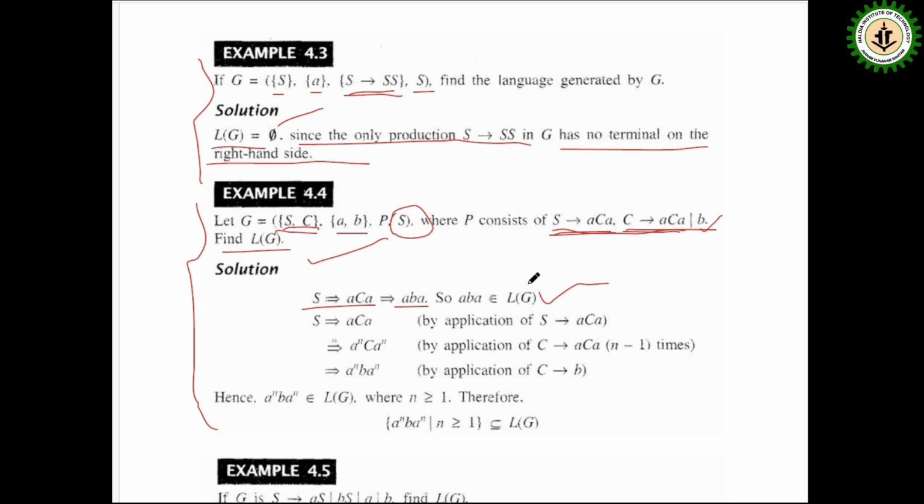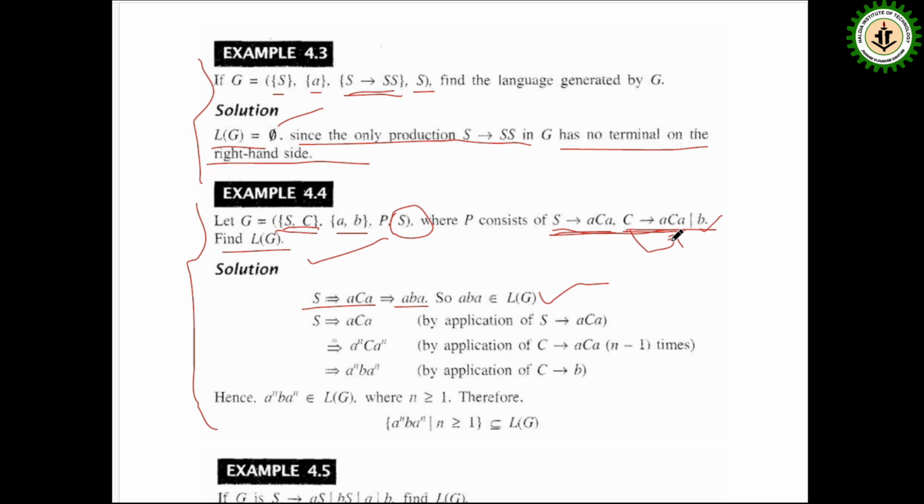So ABA is obviously a string generated by the grammar. And if we do not use the second production, we can use the production C to ACA, and this production will be used several times. But in the final step, we use C to B, because the first production always generates a variable on the right hand side.